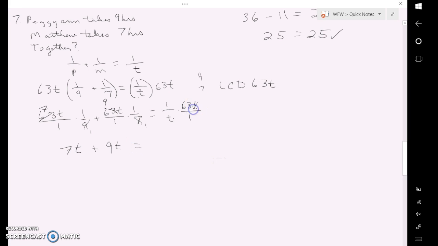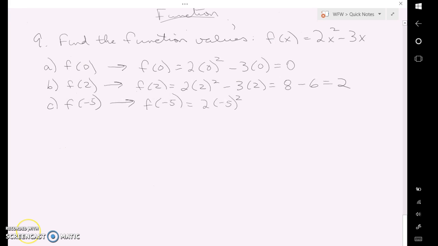And then the t's cancel here and leaves 63. 9 and 7 are 16t equals 63. Dividing both sides by 16, it takes them 63 over 16 hours, which is nearly 4 hours if they do it together.